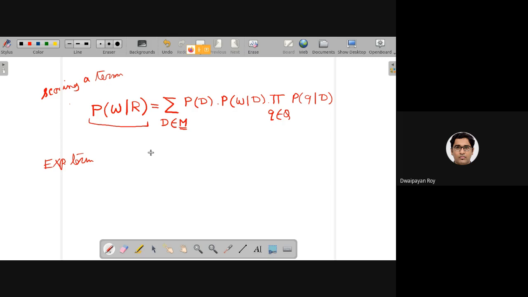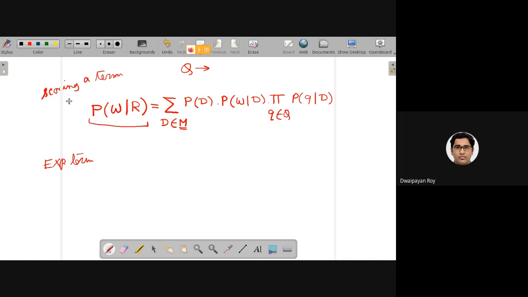Our ultimate target is to score a document. So after performing an initial retrieval with Q, we are considering the top M documents as pseudo-relevant, right? And then based on those pseudo-relevant documents, we are computing this. So what is the population of W?